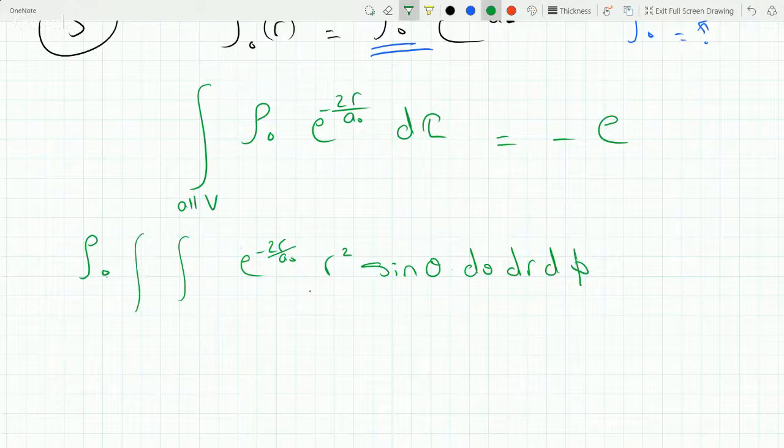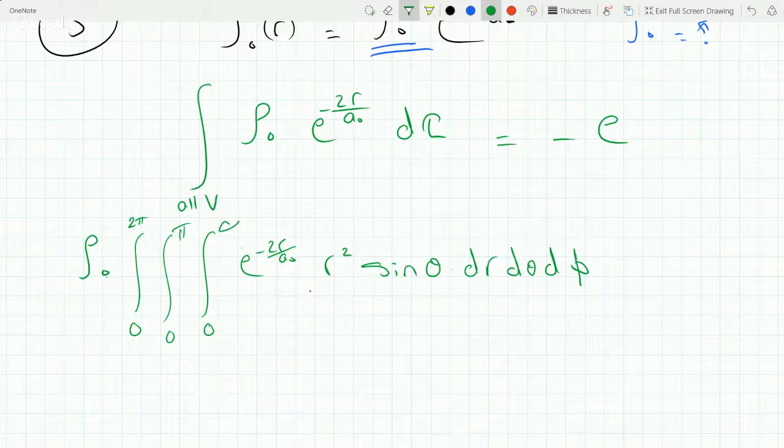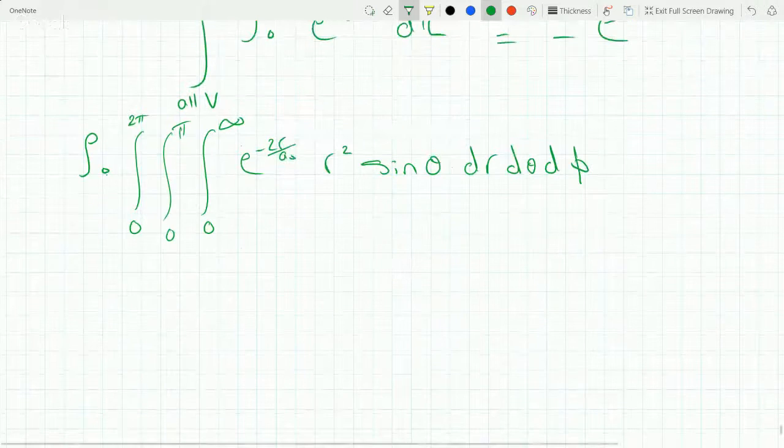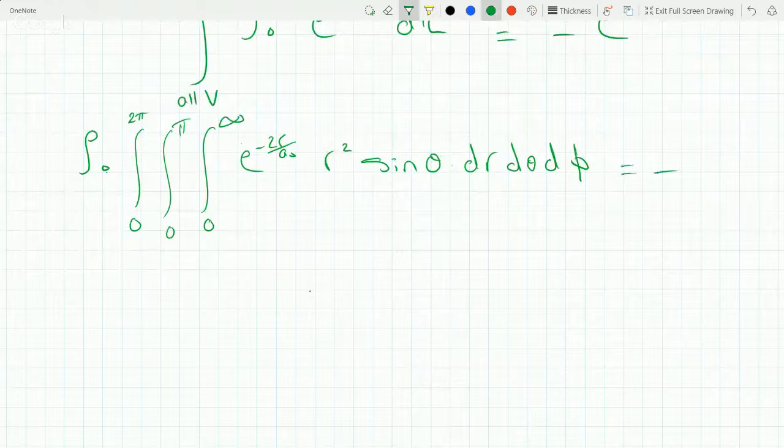And of course, phi will take you from 0 to 2 pi. Theta will take you from 0 to pi, a complete sphere. And r will definitely go from 0 over all space to infinity. And this is supposed to equal minus e.